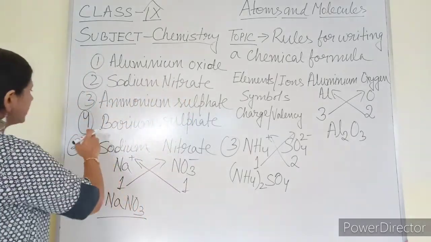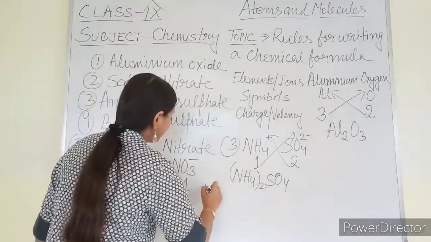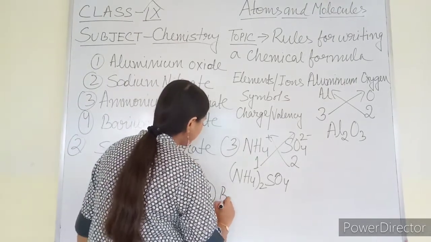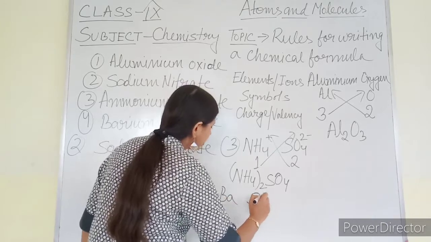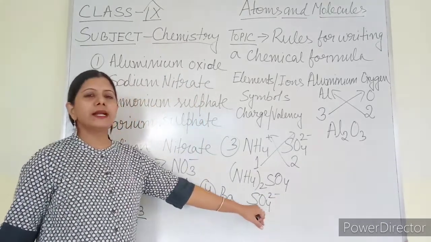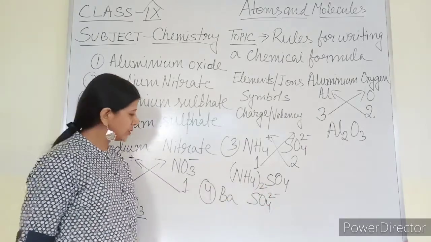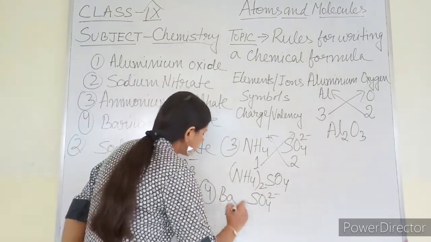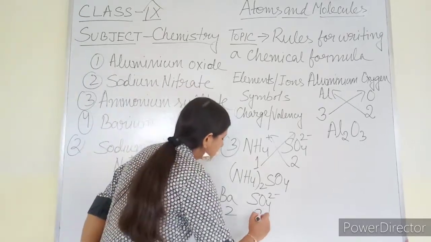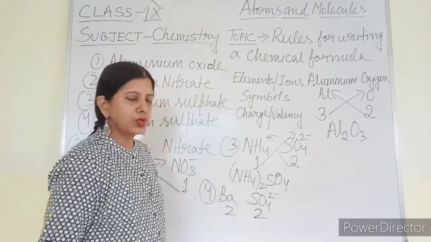Now the last one, number 4, barium sulfate. The symbol of barium is Ba, the symbol of sulfate is SO4 2 negative. The valency of barium is 2 and sulfate also has valency 2.